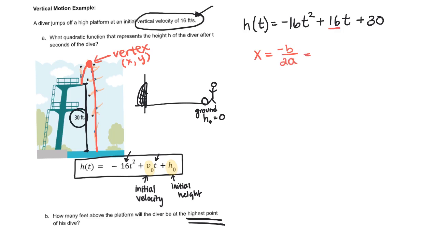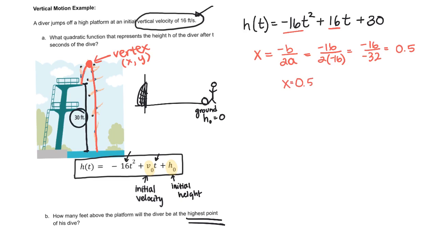So in this problem, my b is 16, so it will be negative 16 divided by 2 times negative 16, which is my a. That would give me negative 16 divided by negative 32, which is 0.5. That is the x value of my vertex.